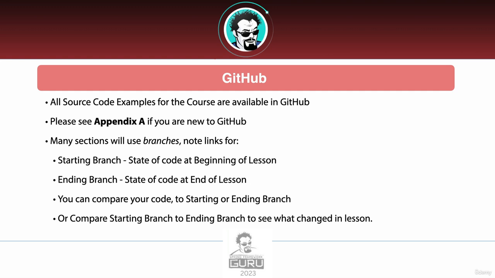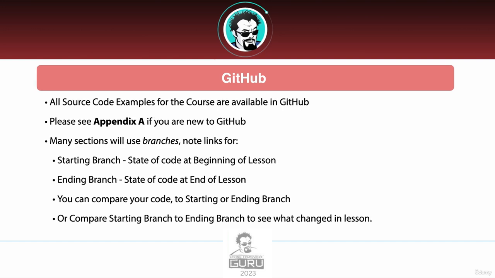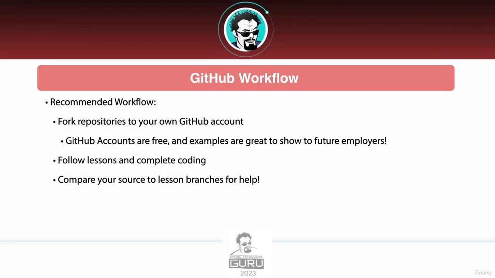So if you are able to compare code, and there are some tips in Appendix A as to how to do this, you can go through and see exactly what was changed in every lesson, and you can compare that against your code. And it's very easy to miss something. Through this, you do have the tools to see what was changed in each lesson and also compare against your code. So I do recommend a workflow if you're going to be using GitHub.